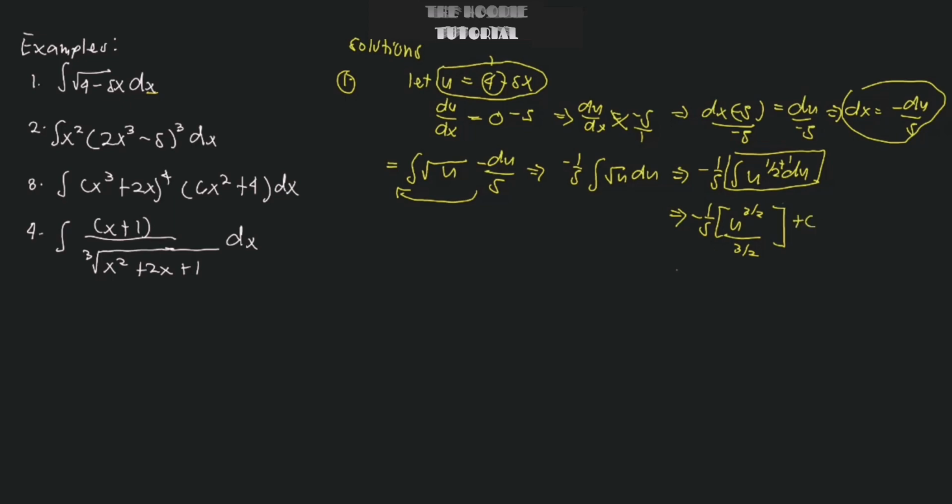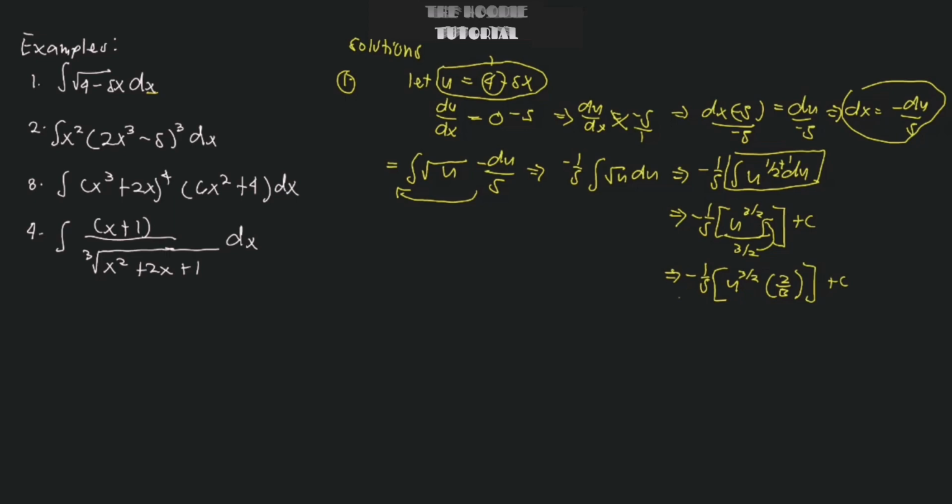Let's put it right here, negative 1/5 multiplied by u raised to 3 over 2. Since we are dividing in the term, let's put this upward, and when you put that up, it will become its reciprocal, and then never forget plus c.